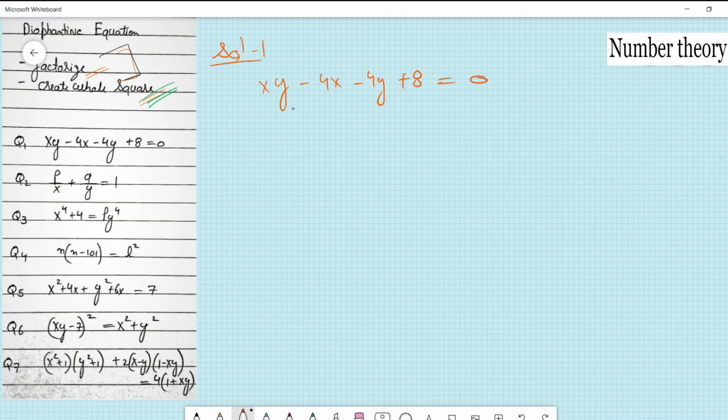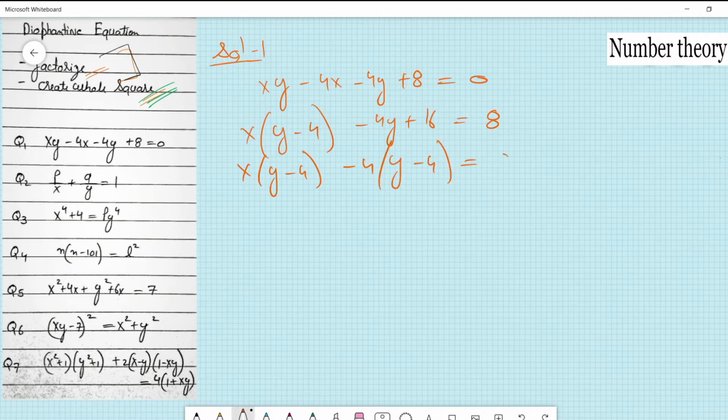So here we can factorize it in this way. Take x common, you'll get y minus 4. Here we write 4y minus 16. Add 8 both sides. This way we'll have, take minus 4 common. This way we can factorize it. It's going to come out to be this.